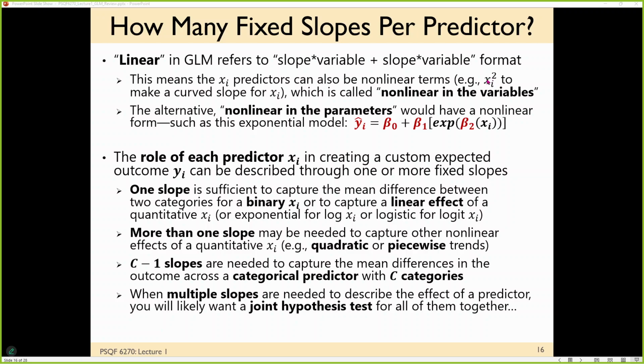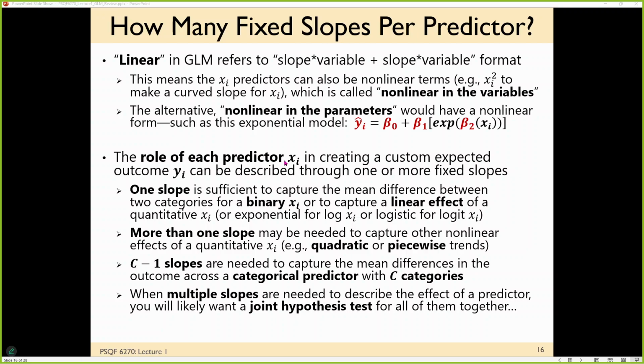So for instance, if I have x and I add x squared, that creates a pattern like this, or a sad face like this. And you can have lines that sort of level off in the same way through linear and quadratic slopes together. A model that is truly nonlinear in the parameters, is what they call that, would be something like this, where you have logs and exponents and stuff like that.